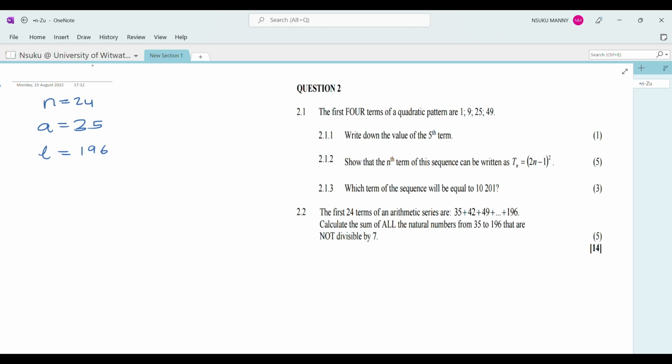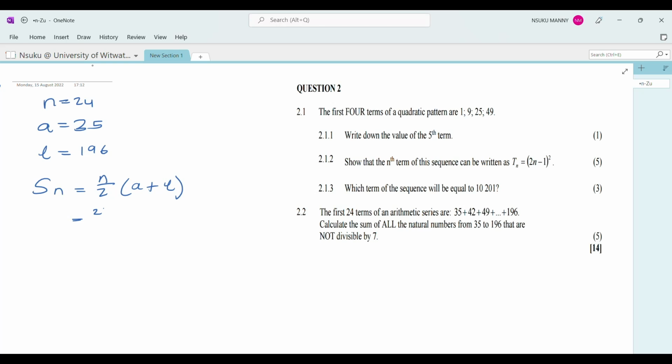To find the sum of an arithmetic pattern, the formula is Sn equals n over 2 times (first term plus last term), and our n in this case is 24. First, we calculate the sum of the first 24 terms, 35, 42, 49 up until 196. All those terms are divisible by 7, so this is the sum of all the terms from 35 till 196 that are divisible by 7.